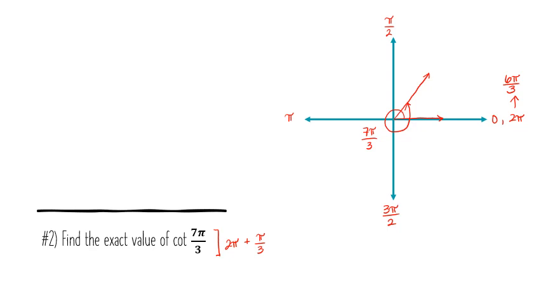Okay, so again, same idea. We want to determine what is my reference angle. So my reference angle here is going to be pi over 3. Notice I went around a full circle, 2 pi, and then I had to keep going a pi over 3.